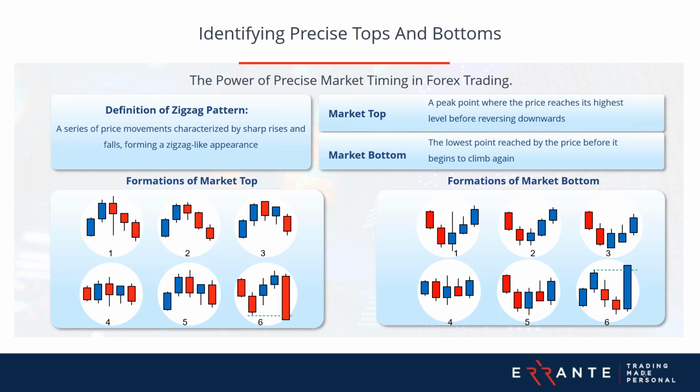We both know that price usually doesn't move in a straight line. We usually see zigzag patterns on the chart, and these fluctuations are indicative of the constant battle between buying and selling forces in the market, and often result in the formation of tops and bottoms.